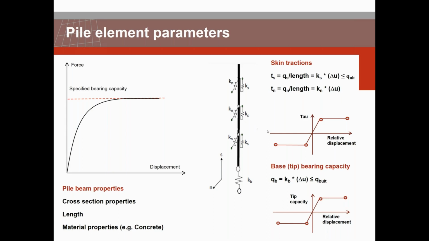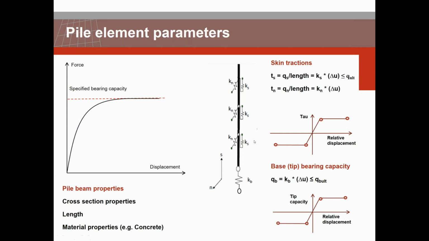If we look more closely to this interface between pile and soil, every interface could be represented as a set of springs, where you have a normal one and the axial one. So a spring with the normal stiffness Kn in the normal direction, and along the axial direction, a spring with a stiffness Ks, the shear stiffness.